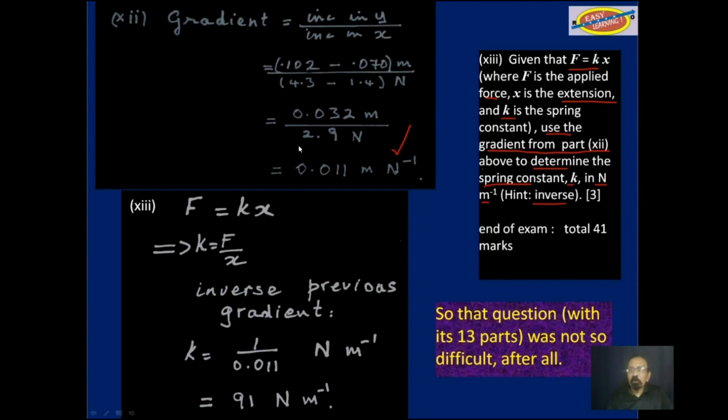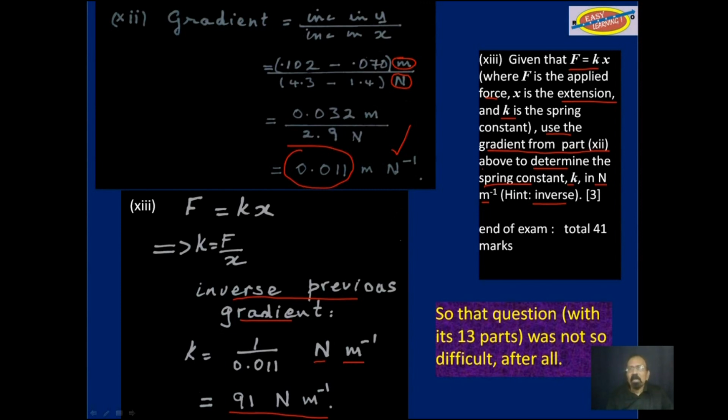But this gradient here, we were dividing length by weight. Now to get the spring constant, we have to divide weight by length. So it's the inverse. So what you do, you actually find the inverse of that gradient that we had here. So 1 over 0.011, and this time it will now be newtons per meter, which gives us 91 newtons per meter.